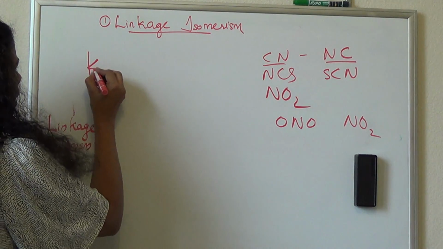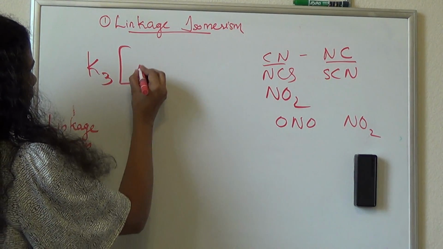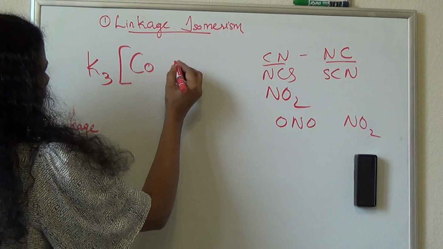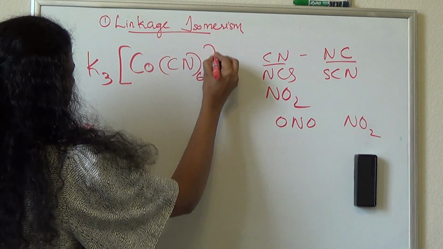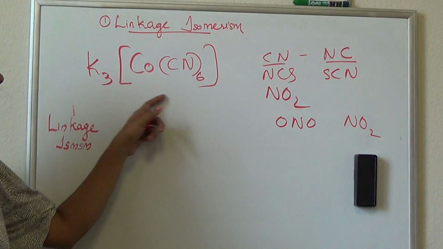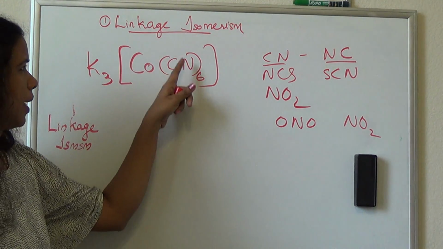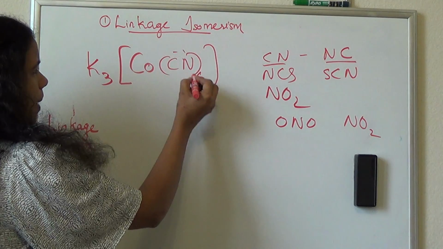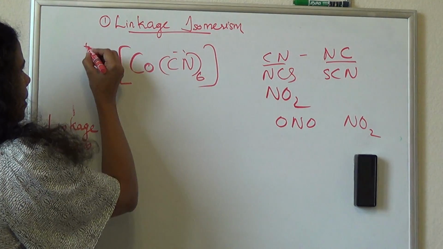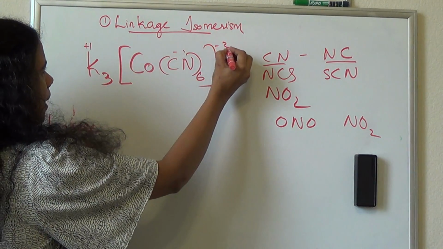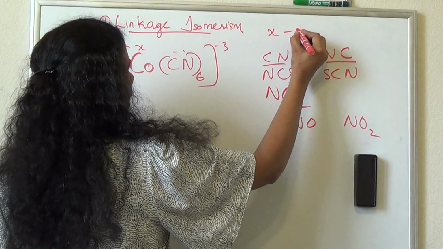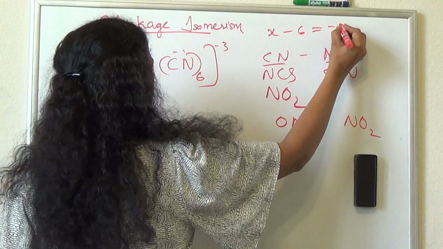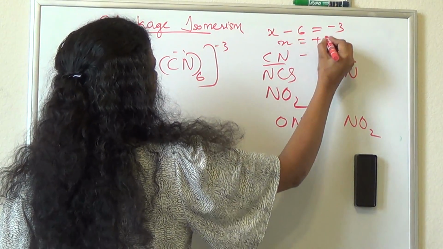For example, I will name this compound. You know that cyanide is -1, so -6. Here K is +1, so the complex charge is -3. Here the oxidation state is X, so X - 6 is equal to -3, X is equal to +3.